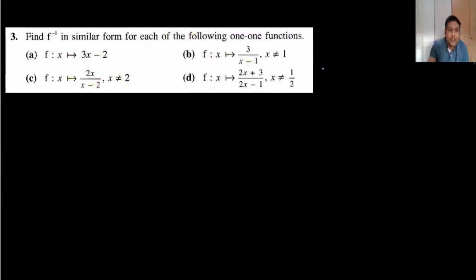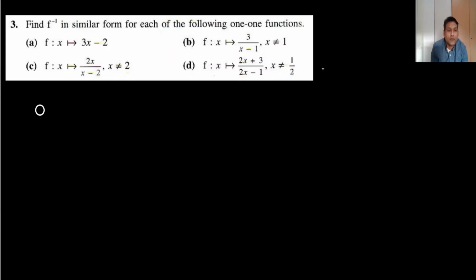Moving to question number 3. In question number 3, find the f inverse. I already explained in the 9.3 part 1 video how we find the inverse. The inverse method is very simple. Step number one: write f x equals to y, so this will become y is equal to 3x minus 2. Step number 2: make x the subject.